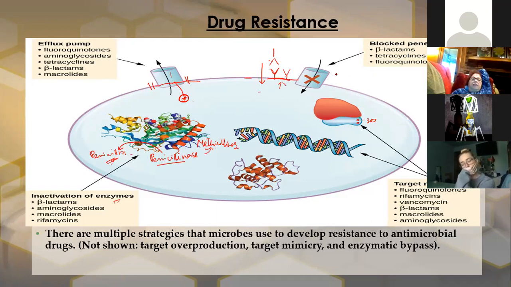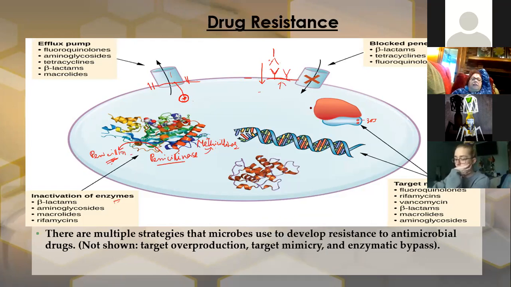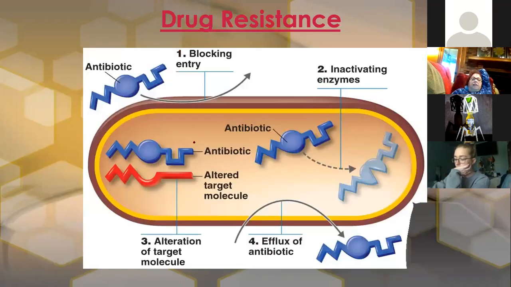So all these are the different procedures bacteria use, and that's how they are resistant to these drugs. Different bacteria actually work in different ways. So this is the antibiotic, if they alter the target molecule, it needs to sit properly.